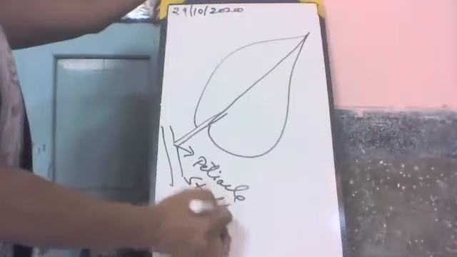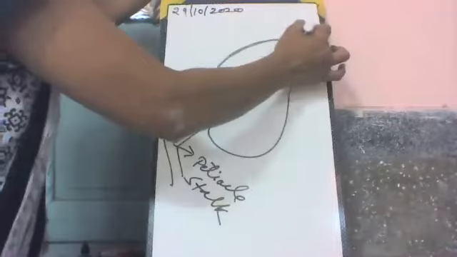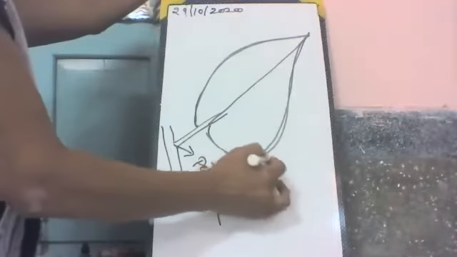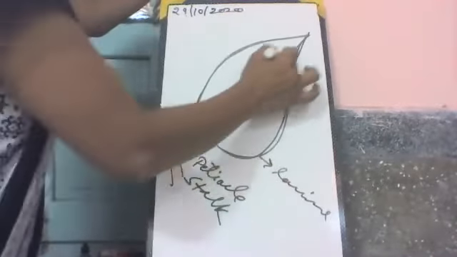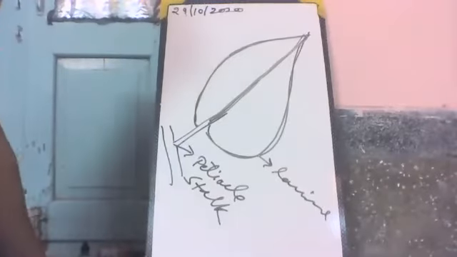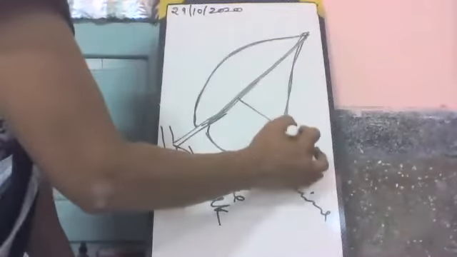The other name of this is stalk. The flat layer of this is known as lamina. The petiole continues into the lamina to the center as a thick midrib. This is known as midrib.